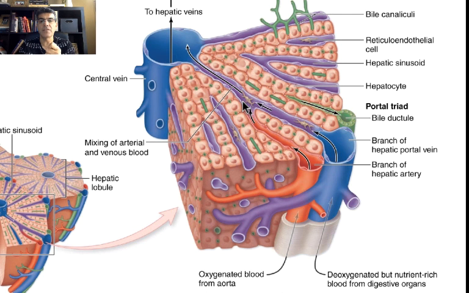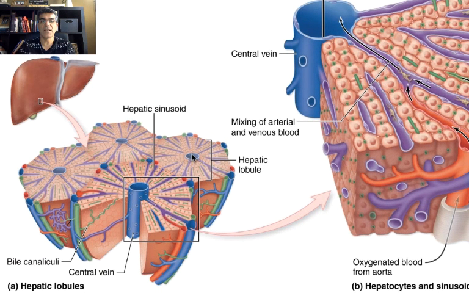And after this hepatocyte works on this blood, blood is going to go through this sinusoid and enter this vein. This vein is located in the center of this lobule. That's why it's called central vein. So this is central vein, this is central vein, this is central vein, and central vein. So remember, again, at each corner you have hepatic artery, hepatic portal vein.